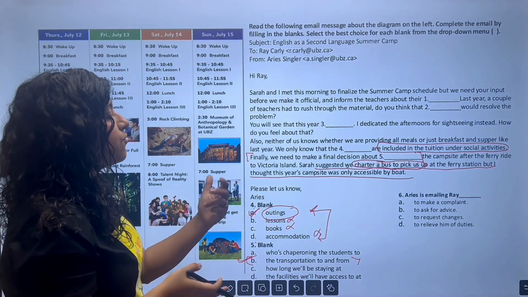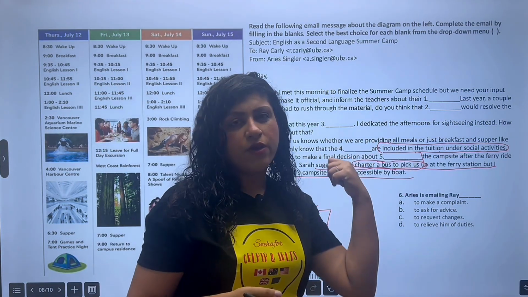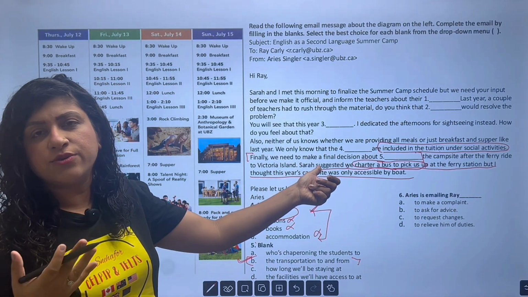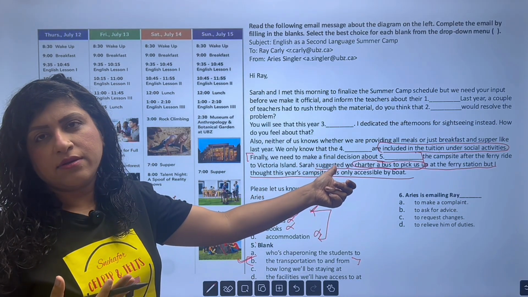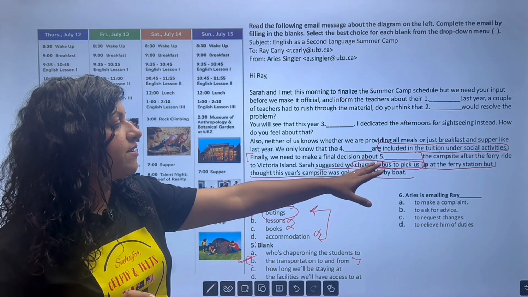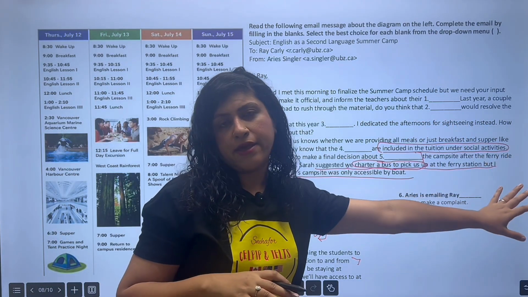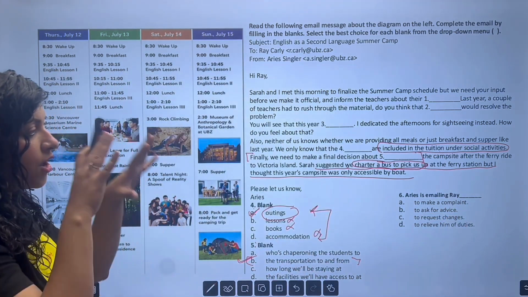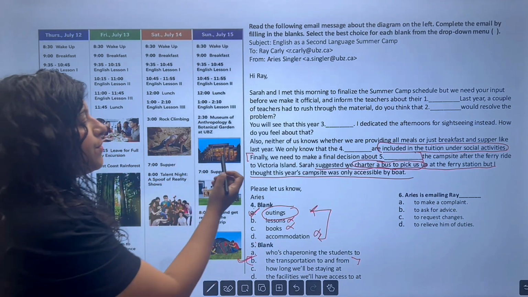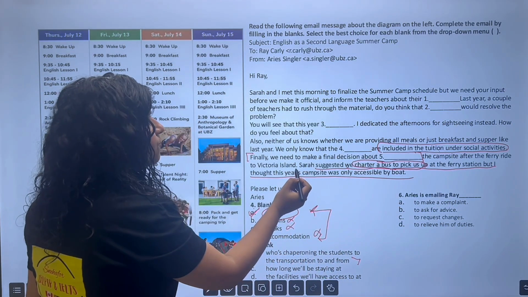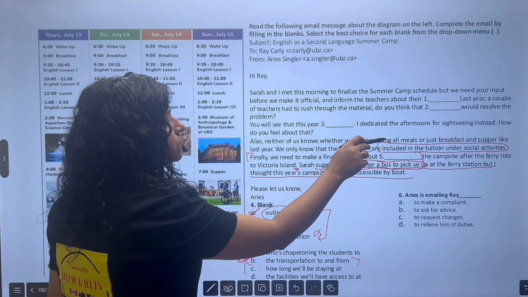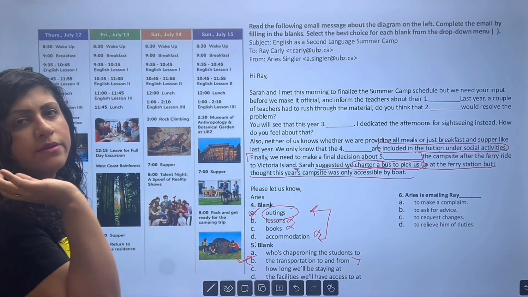As you can see, for those questions where the beginning of the sentence doesn't help in locating the correct answer, the clue is generally present after the blank. So you have to read the sentence completely. Try to read the sentence till you find a full stop. While you're reading the text, don't stop as soon as you see a fill in the blank.